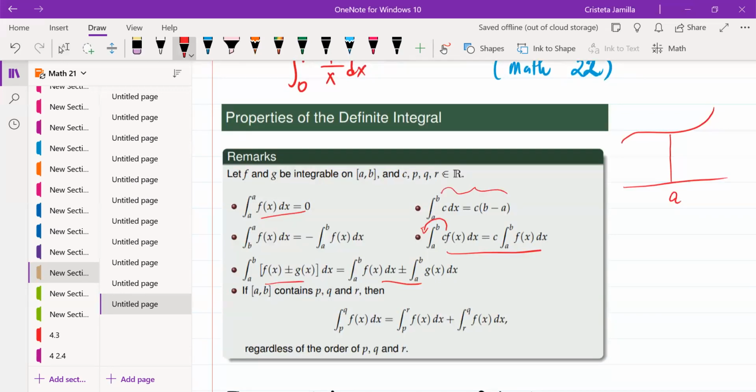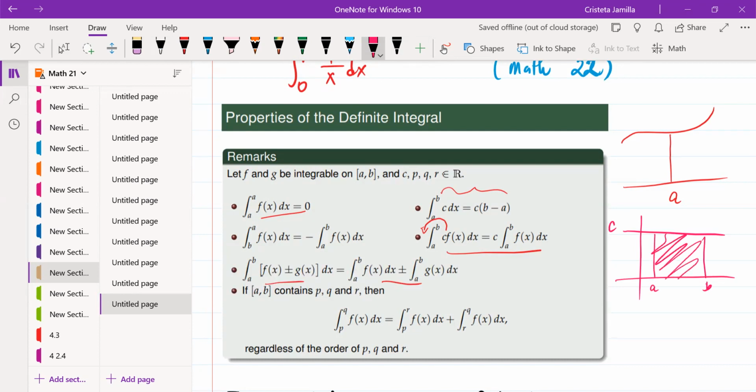Next, for this part, the integral of c from a to b is just the area that is formed by the curve y equals c on the interval a to b. So if you have here a straight line c, what we have is a rectangle.